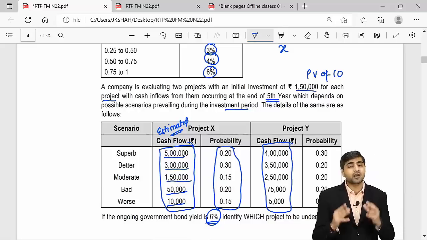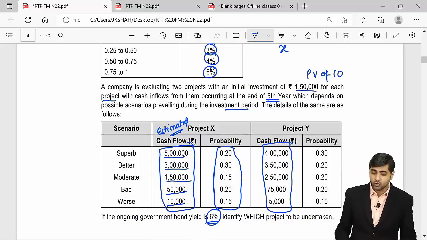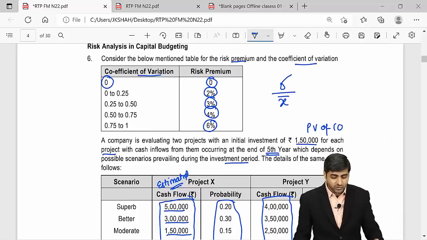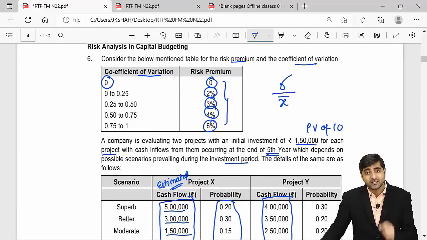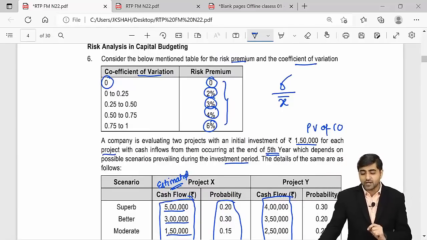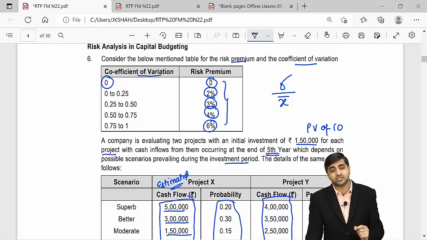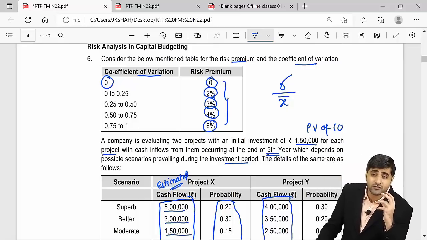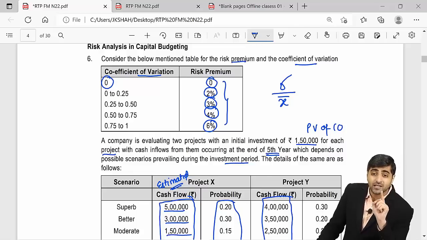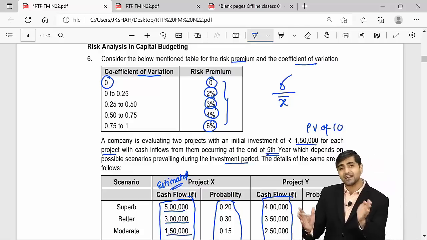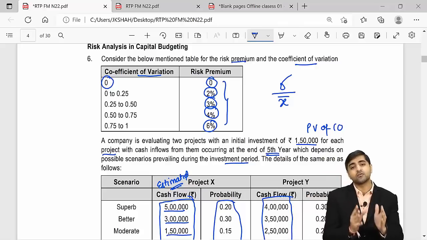And the risk premium completely depends upon your coefficient of variation, which is given to you in the question. Can you just check there is coefficient of variation given in the question? Yes, sir. So now we have to take into consideration the coefficient of variation, and based on that we will understand what the risk premium is, which will be added to the risk-free rate, and that will give you a discounting factor.